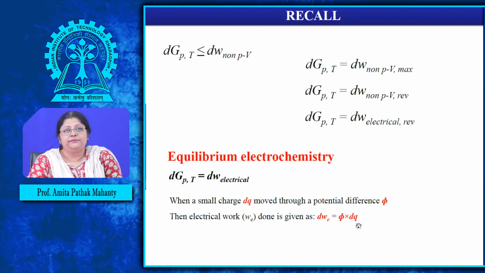That work, the potential difference times the charge, should equal delta G at constant temperature and pressure, when there is no mechanical or any other type of work, only the transfer of electrons.